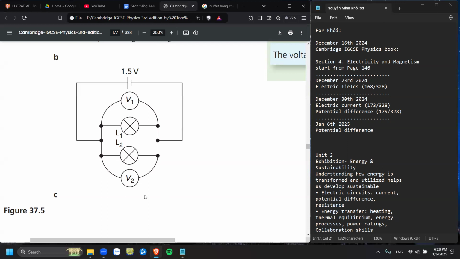So imagine the electrical energy, when it passes through here, of course the current will split into two, right? But finally, the current will converge in this point again and go back to the battery.